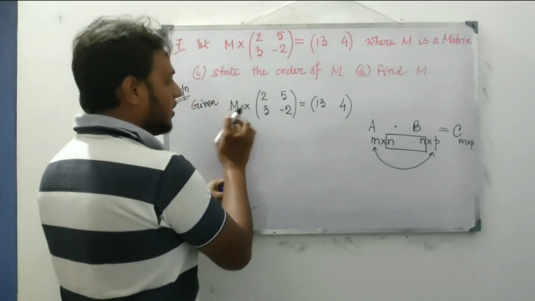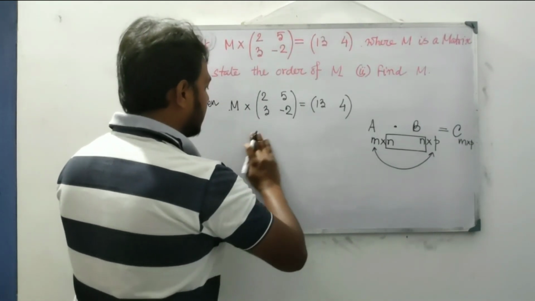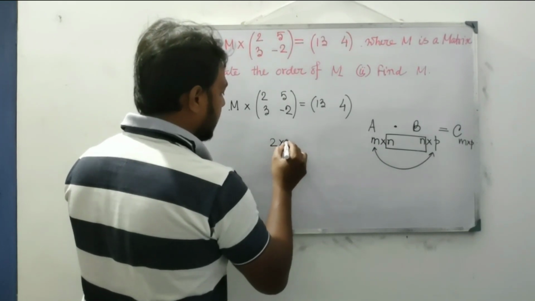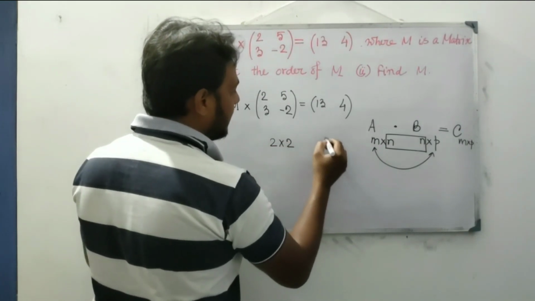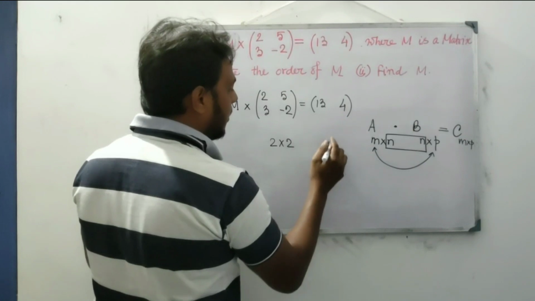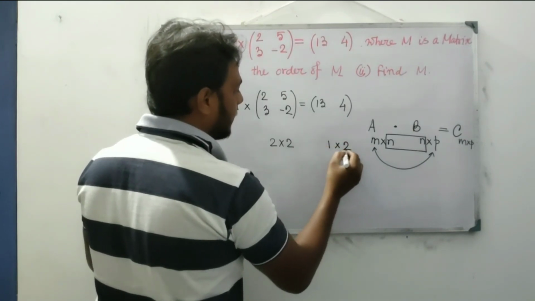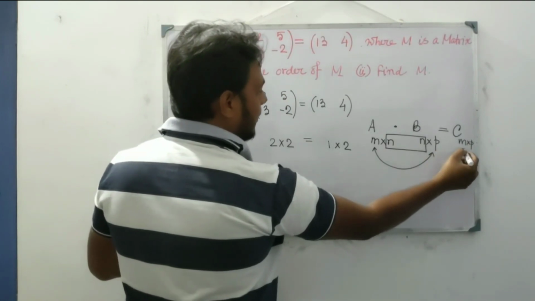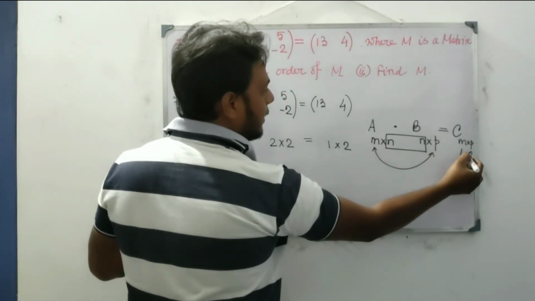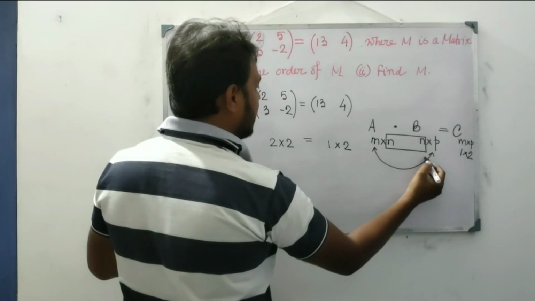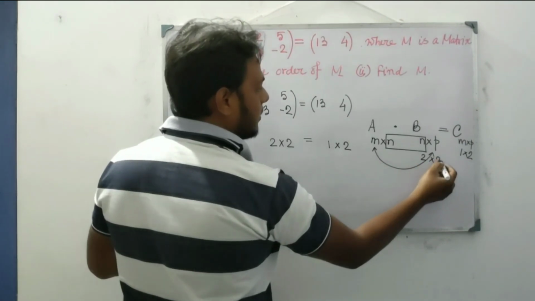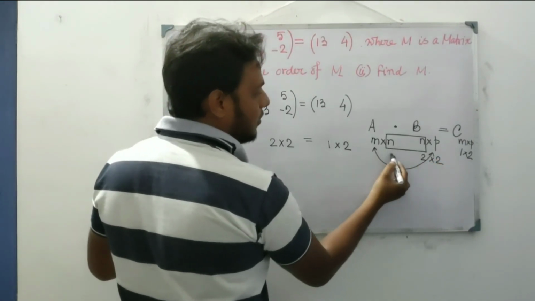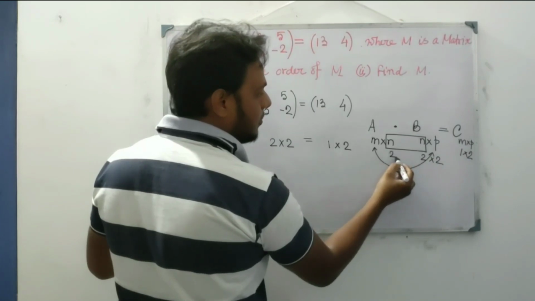The order of M is not given, and the order of this matrix is 2 cross 2. The resulting matrix is of order 1 row and 2 columns. Just compare with this: here we get 1 by 2 as the resulting matrix. The second matrix is of order 2 cross 2. Then what will be this? This is again 2, since n is 2 here.